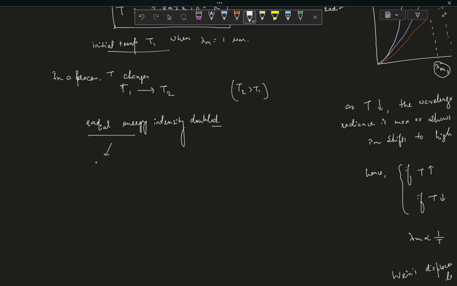This you can know from Stefan-Boltzmann's law. So that is radiant intensity. Let's say we call it P. So P will be like sigma T to the power 4.